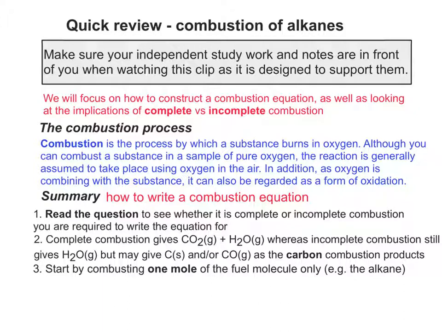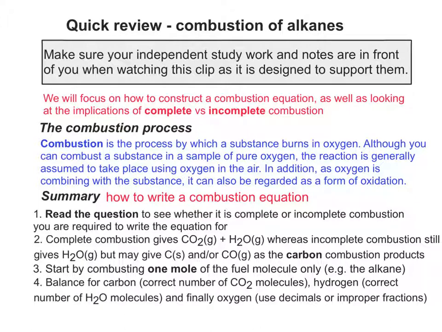You make sure that you combust 1 mole of the fuel molecule, so your alkane or alkene, for example. And finally, you balance for carbon by putting in the correct number of CO2 molecules on the right hand side, hydrogen by balancing the number of H2O molecules on the right hand side, and then finally oxygen, and you can use decimals or improper fractions if necessary.